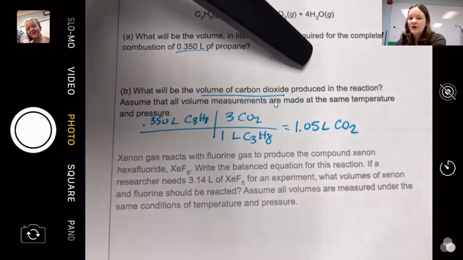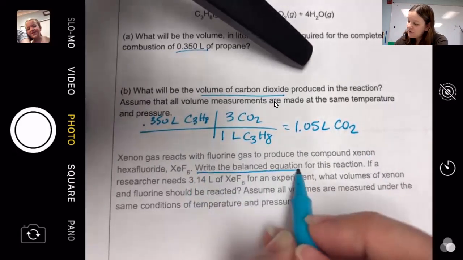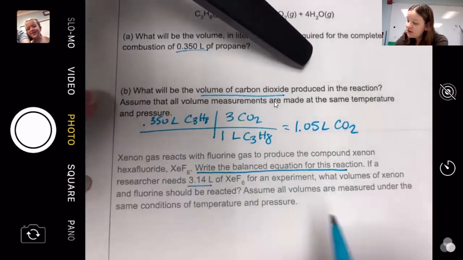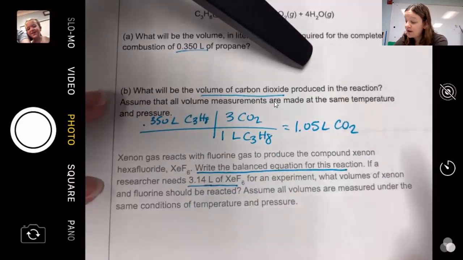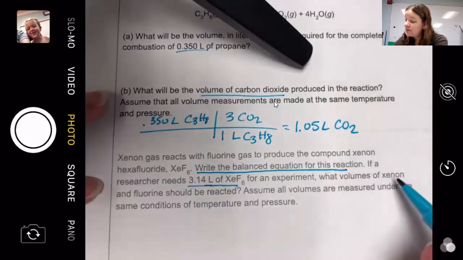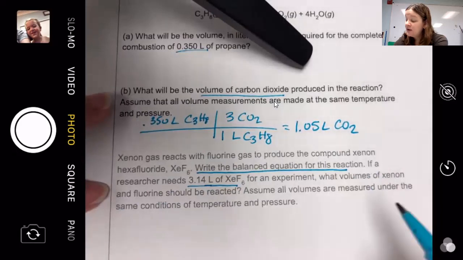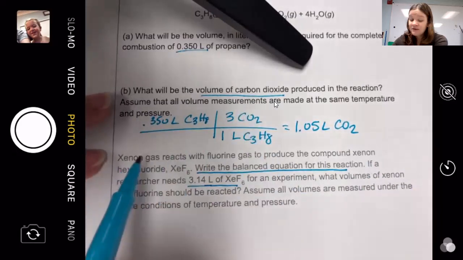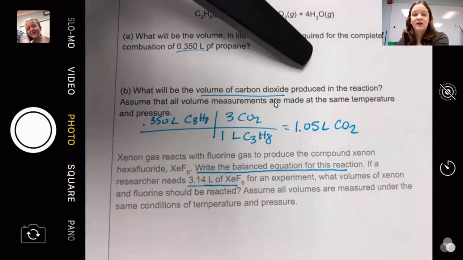Then it gives you a volume of the product, the xenon hexafluoride. And then it wants to know how much of the xenon and fluorine should be reacted. Now is when you pause and attempt to write your own equation. And I bid you good luck because you weren't real good at that.